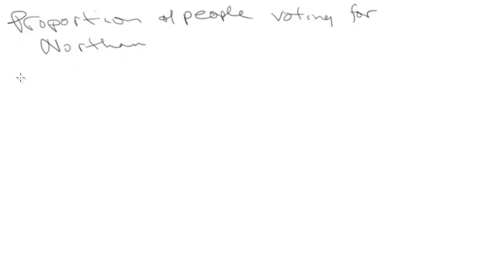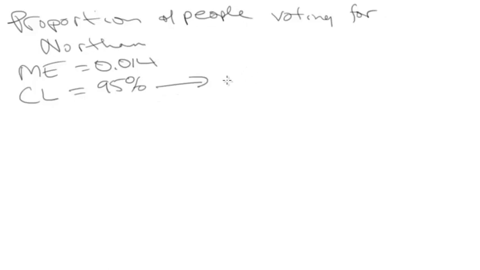And what we want to know is what n is. We've said we want a margin of error of 0.014. And let's go for our usual confidence level, a confidence level of 95%. It almost always is. As a matter of fact, if it's not specified, it probably is 95%. The advantage of that is that we know that the critical value is 1.96.